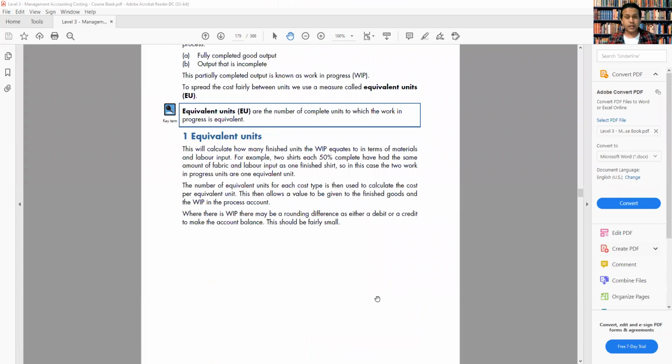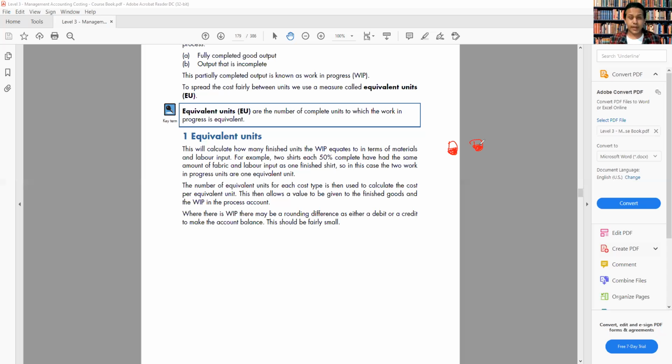The next point I already discussed before, but I want to say it again: equivalent units. Equivalent unit means it's not a complete unit. Let's say we have two eggs, and both eggs are half empty. We have only the half.